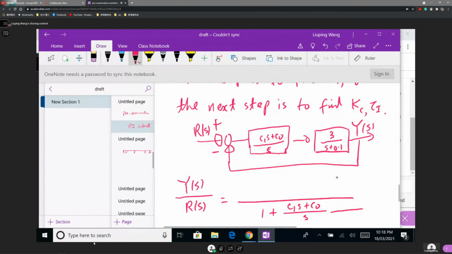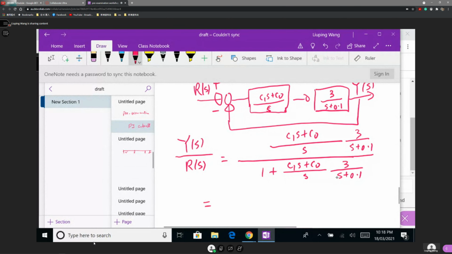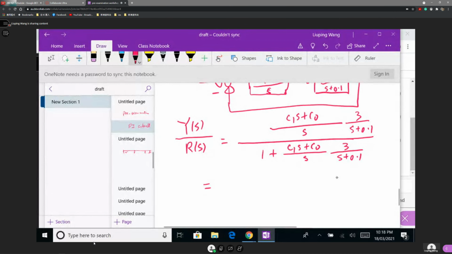It has 3 s plus 0.1 on top, and this is equal to s plus 0.1 plus 3 C1 s plus C0, flipped over.